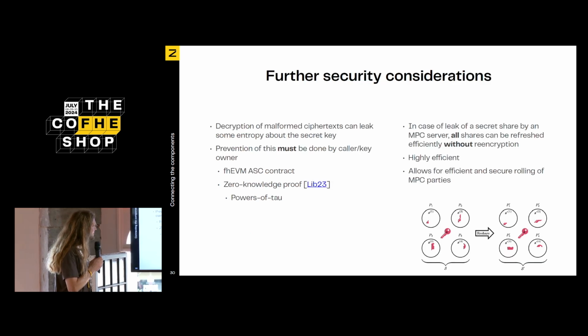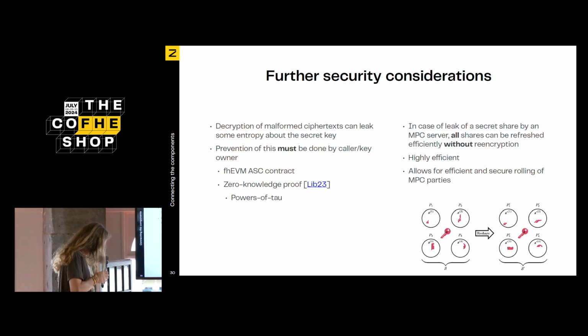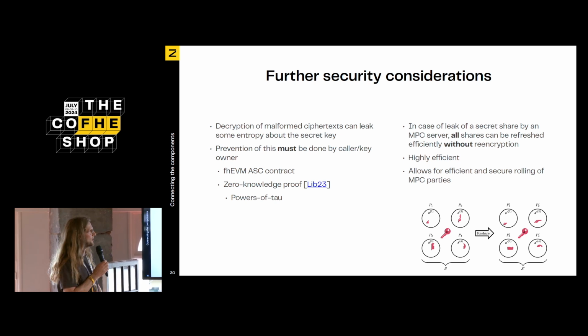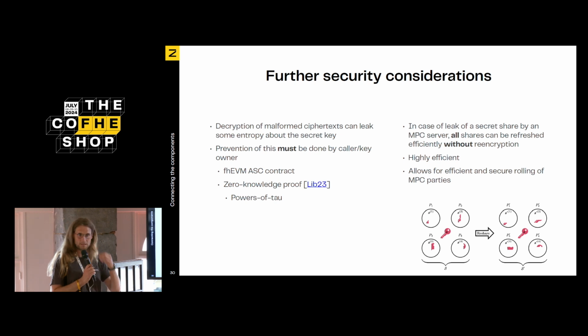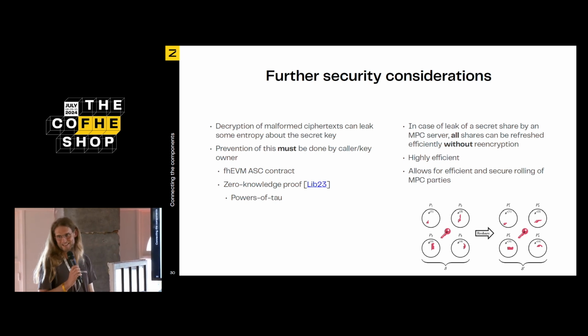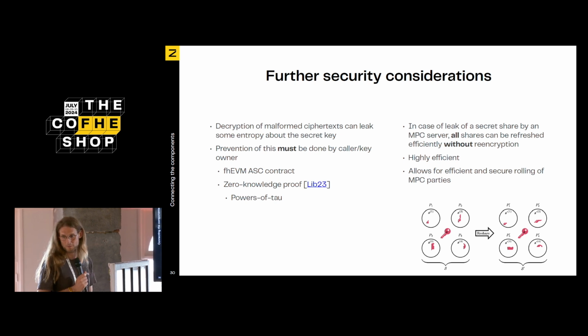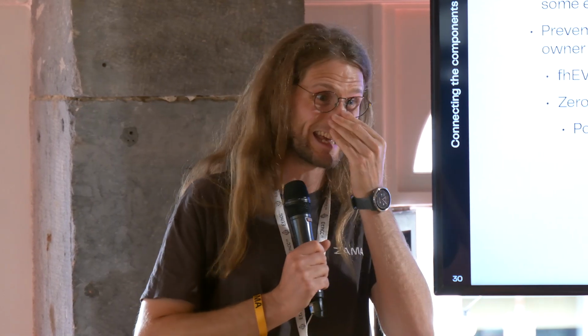All right, so some further considerations in relation to security. One thing I didn't touch upon in this presentation, which you also need to be aware of if you want to get security, is malformed ciphertexts. This is inherently not something the TKMS is responsible for. This is something that should be handled on the fhEVM, which we do handle using a custom zero knowledge proof of knowledge of the input of a ciphertext. Such a zero knowledge proof ensures that whoever posts a ciphertext actually knows what is in it.